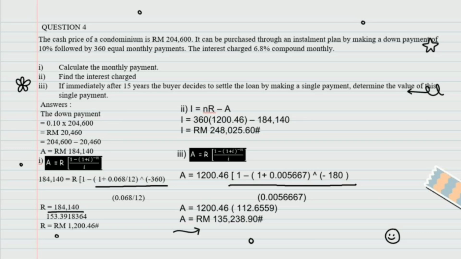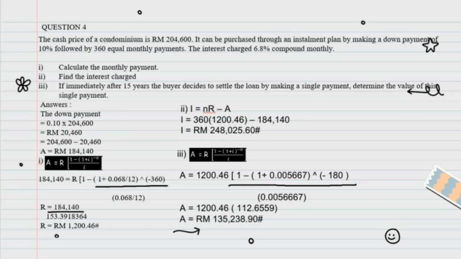So I use A equals R[1 minus (1 plus i) to the power of negative n divided by i].